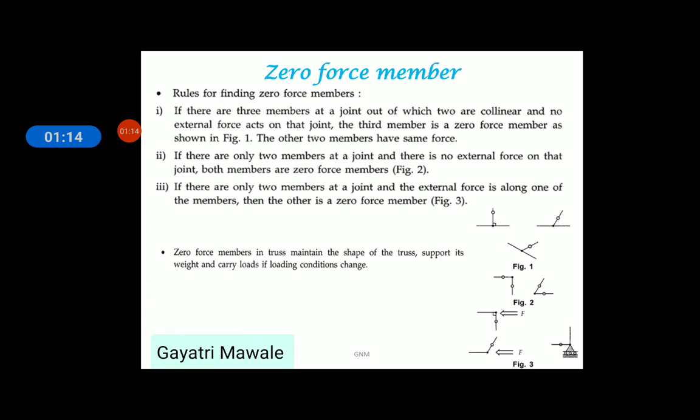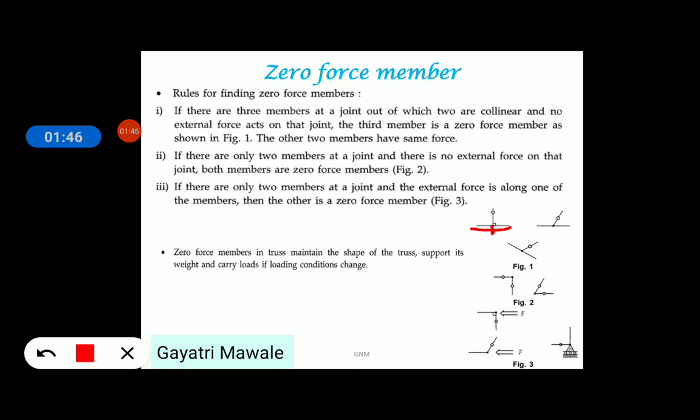So here in figure 1, you can see at this joint, three members are acting and no external force is given at this joint. The two horizontal forces are collinear. So the third member must be a zero force member.